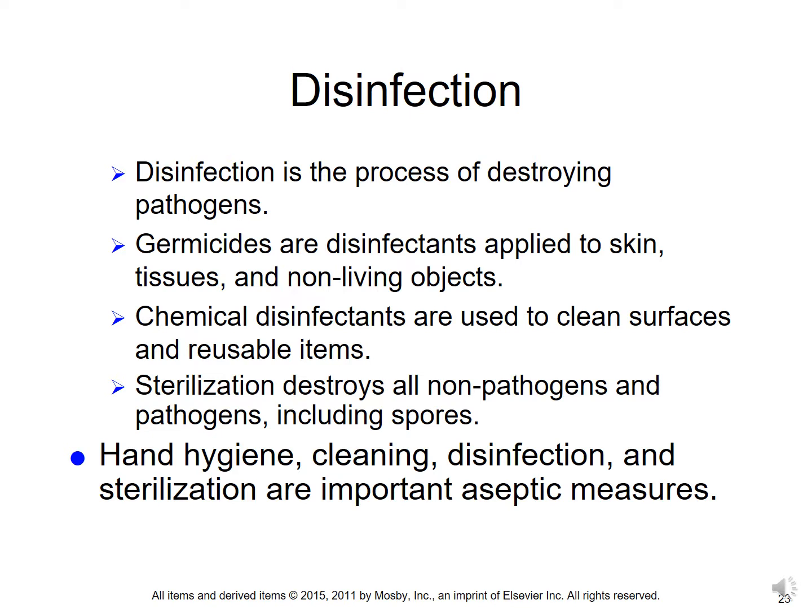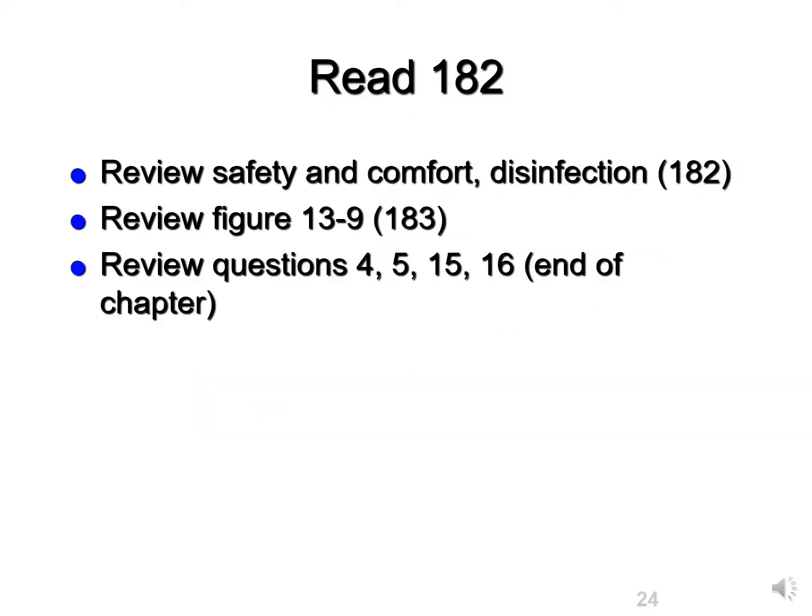We have to use appropriate hand washing techniques for that. An example is the Clostridium difficile that we spoke of earlier. So anyways, hand hygiene, cleaning, disinfection, and sterilization are all important aseptic measures. So remember what the definition of asepsis is.